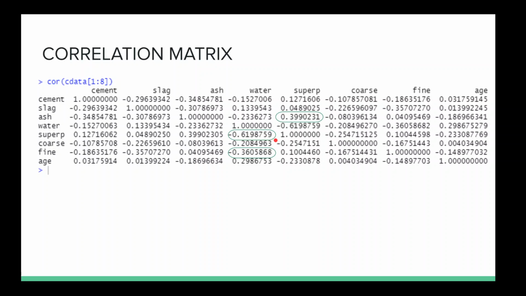That's because they have the largest value, which is 0.6198759. On the other hand, there is a smaller amount of collinearity between the other 2 circled numbers, 0.36058868 and 0.3990231, for water and fine aggregate, as well as superplasticizer and fly ash, respectively.